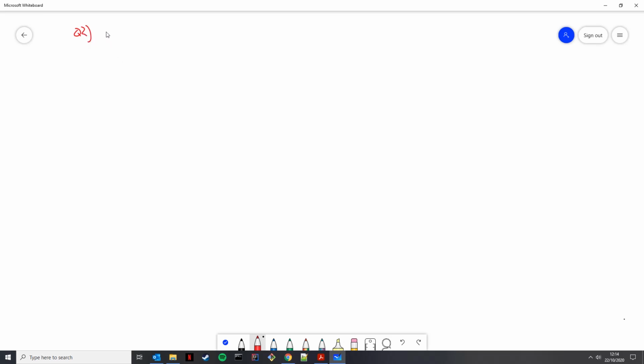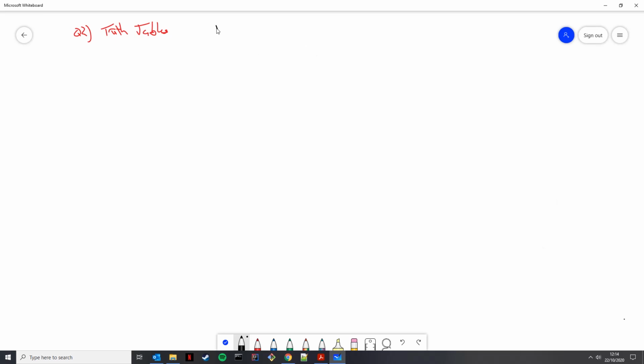Question 2. Truth tables. So what are truth tables? Truth tables are essentially things I've been drawing up here to the right hand side.